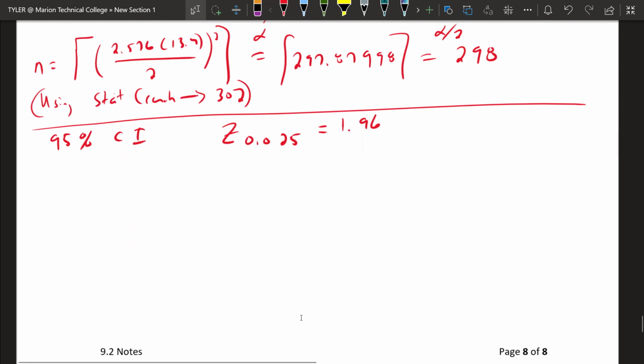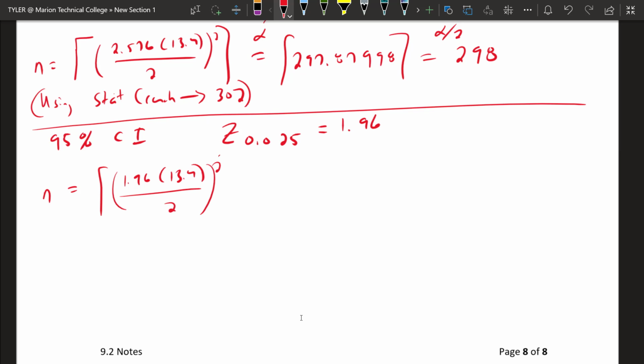So using the equation, we would have n equals the ceiling of (1.96 times 13.4 divided by 2) quantity squared. So if you simplify the inside, you'll get the ceiling of 172.449, which of course would go up to be 173, right?